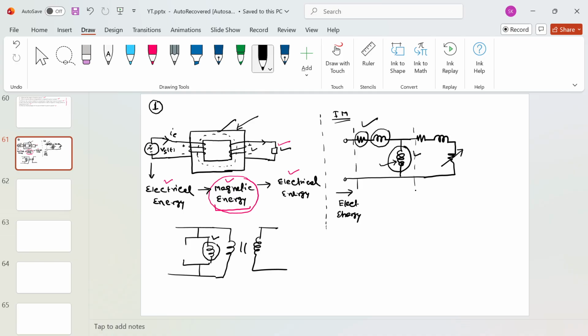So this particular part is responsible for the magnetic energy or reactive power portion.